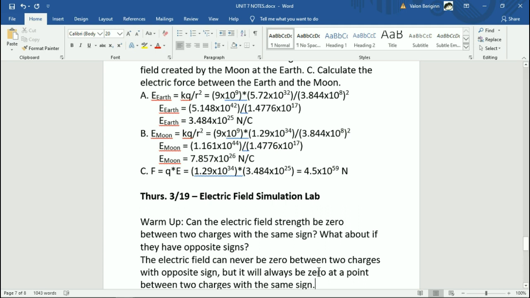And where that zero point is depends on what those charges are. But you can see how that works.